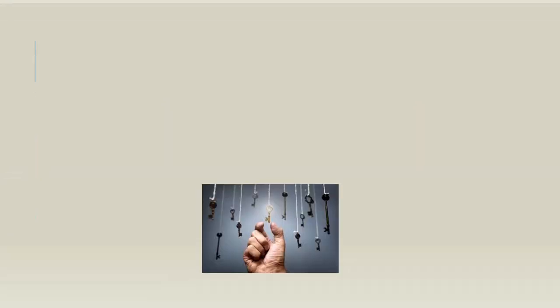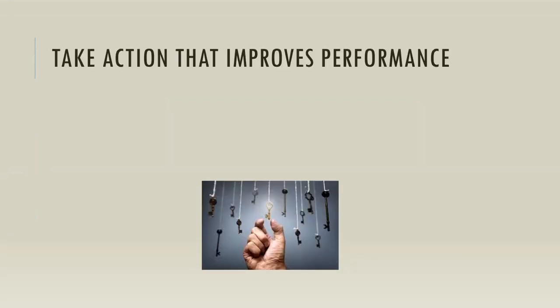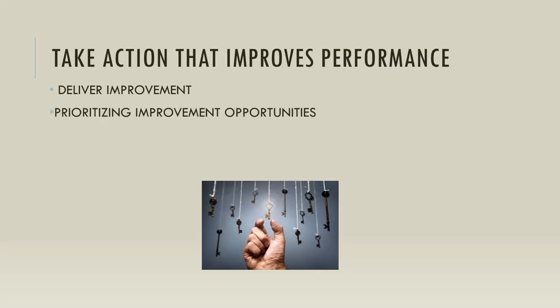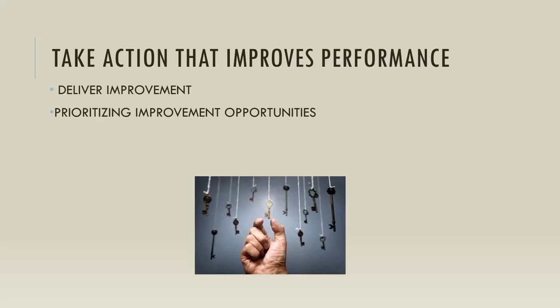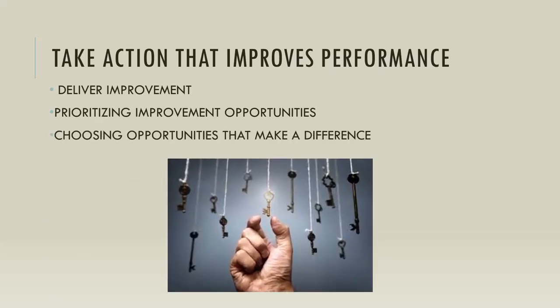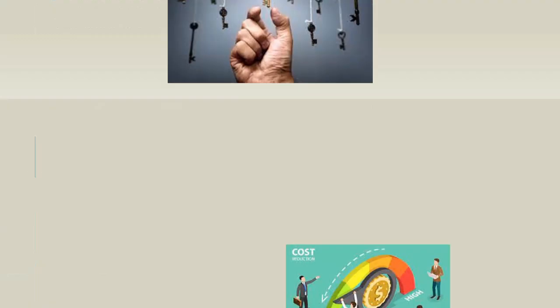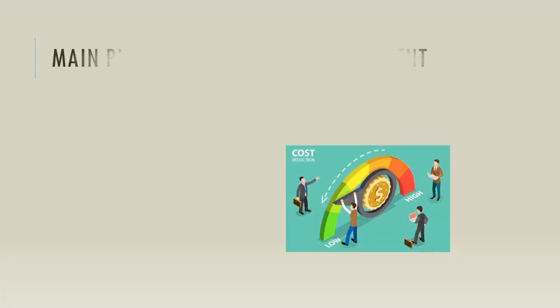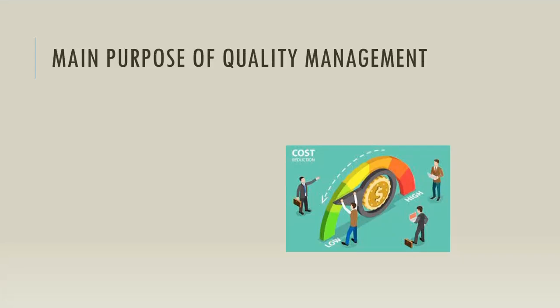And the action taken in the QMS system is important to improve the performance and deliver the improvement. Prioritizing the improvement opportunities also covers this performance improvement, choosing opportunities that make a difference. Students, what do you mean by this?